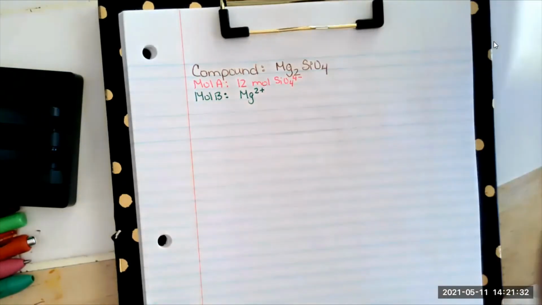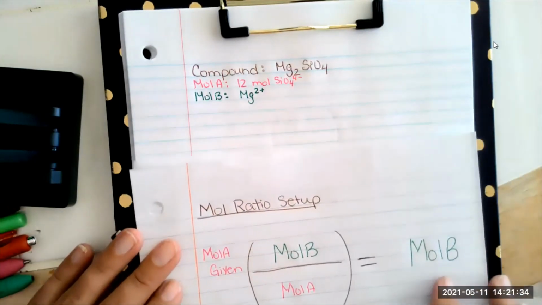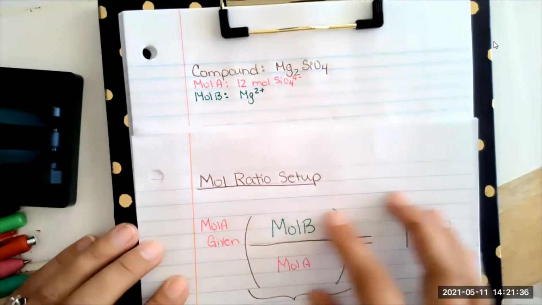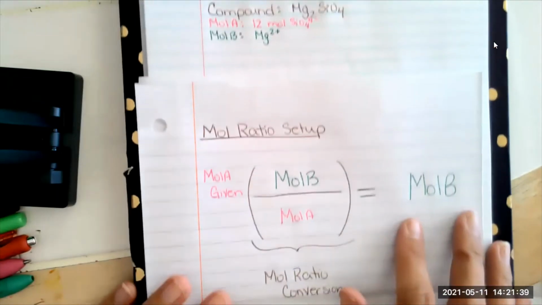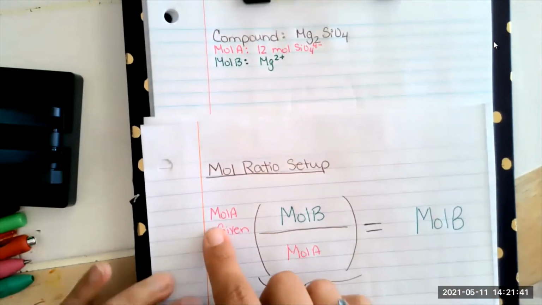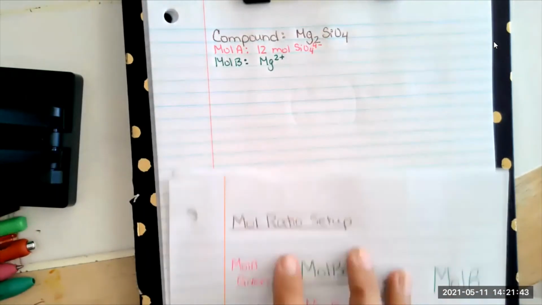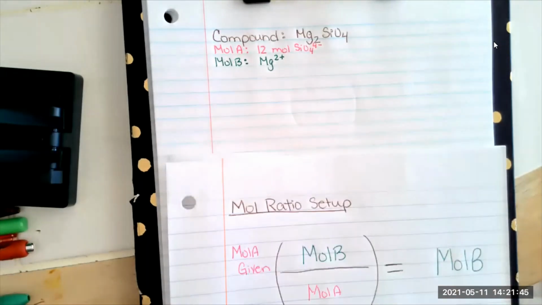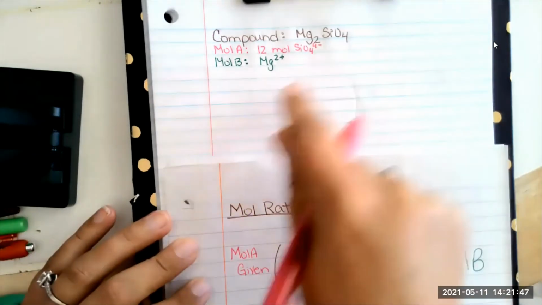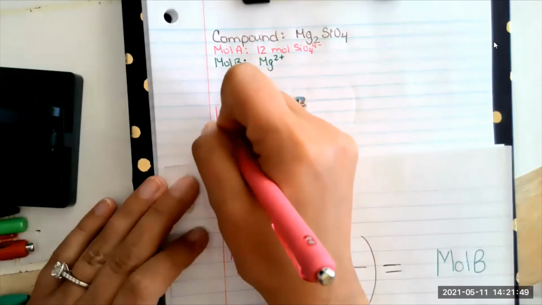Then you can pull this over, this mole ratio setup, because remember, our setups are going to be really similar, if not the same. They're very formulaic. So mole A goes over here to the left. So we were given 12 mole silicate, so 12 mole silicate goes to the left.